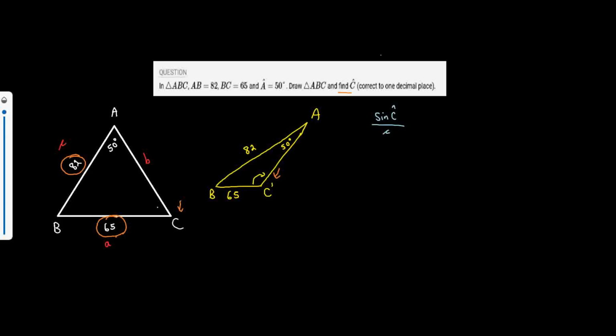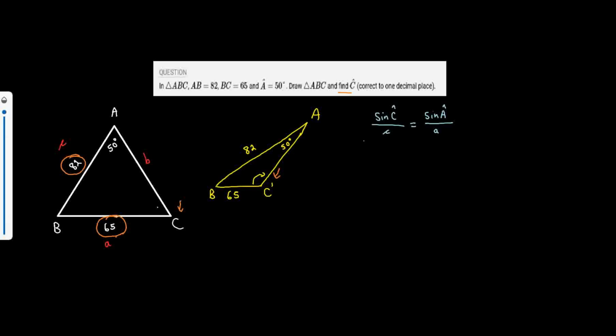It's equal to, now we're going to use what is given. What was given was a and angle A. So we're going to say sine angle A over a. What I don't want to see is people write, even if it is mathematically correct, sine C over c is equal to a over sine A. That does not make any sense at all. If sine is on the top, sine has to be on the top. If the variable is on the top, then the variable has to be on top as well.